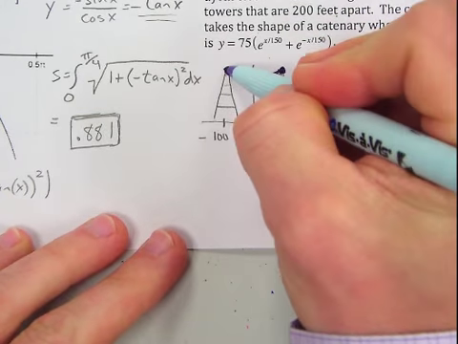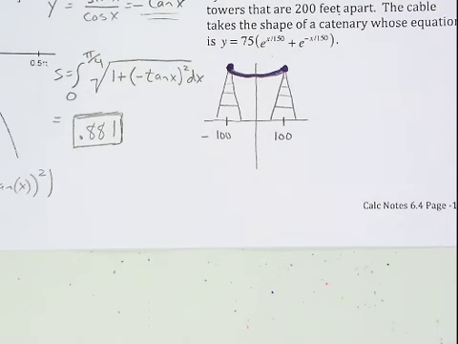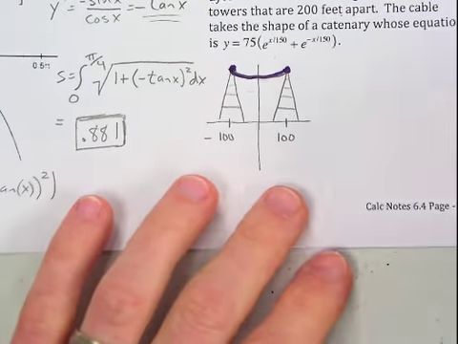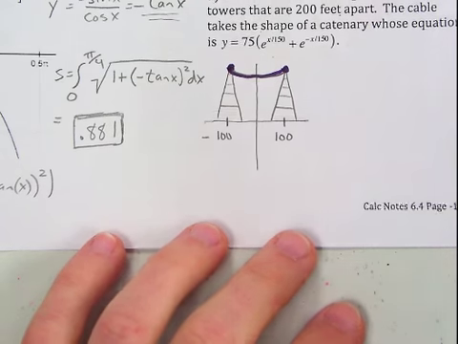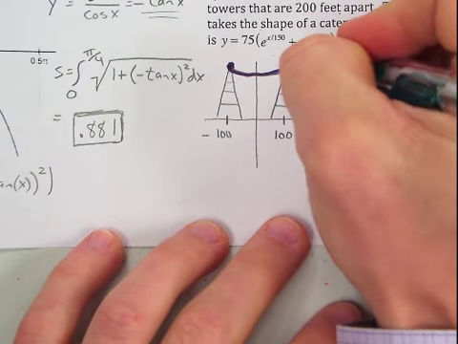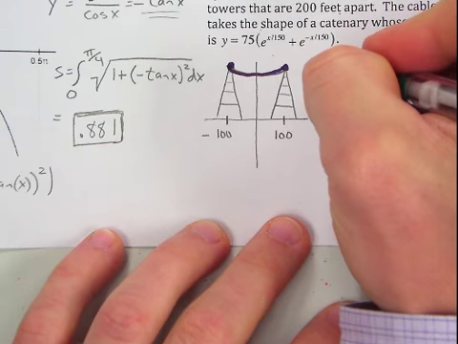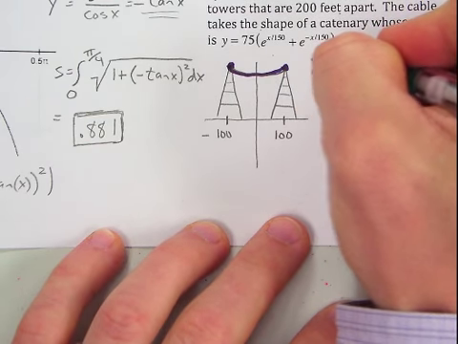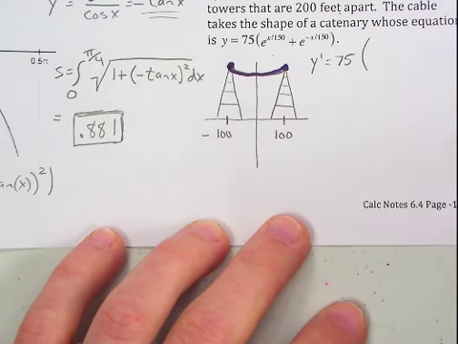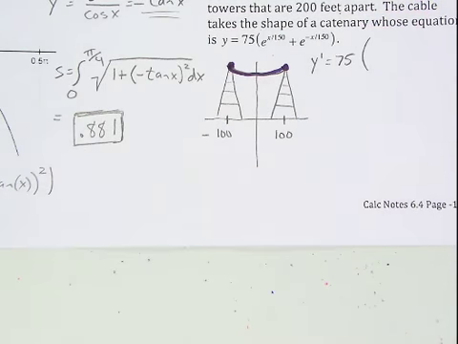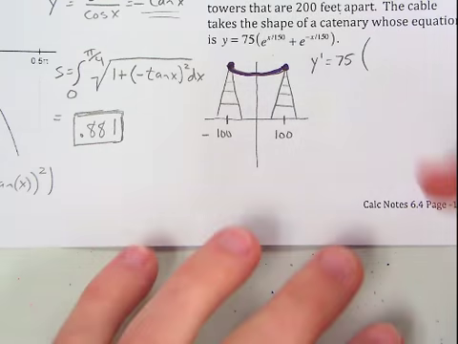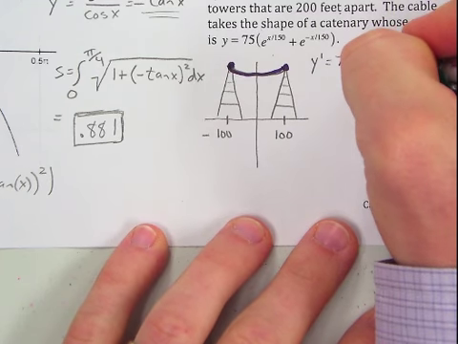All right, so let's find y prime. Notice the 75 doesn't change anything. And the derivative of an exponential function is just e to the u du. So it's going to be e to the x over 150 over 150.